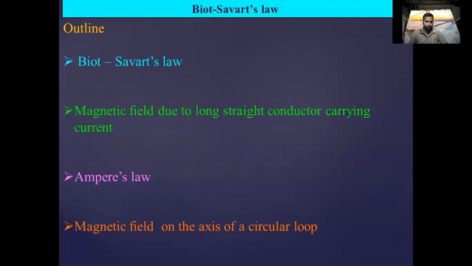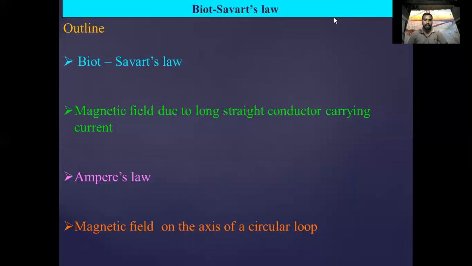First, we know the current carrying conductor produces a magnetic field around it. In 1820, Biot and Savart performed several experiments separately. They obtained a relation between the magnetic field and current.